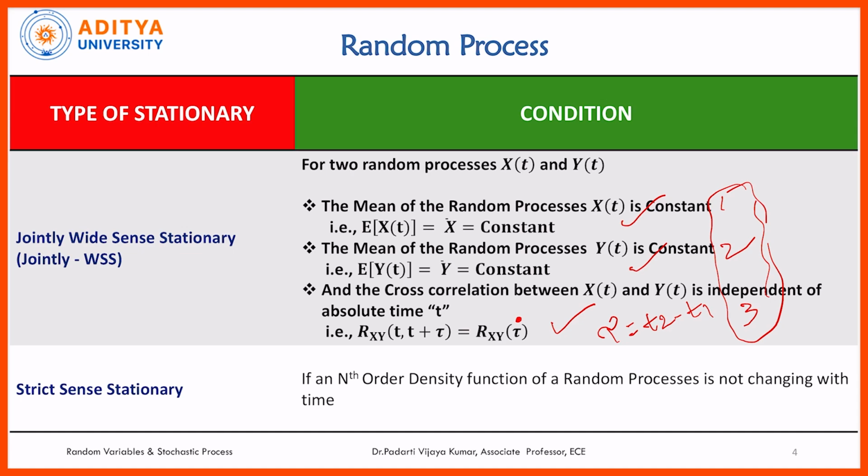Generally, this is measured between two different random processes. Here we have taken two different processes, x of t and y of t.